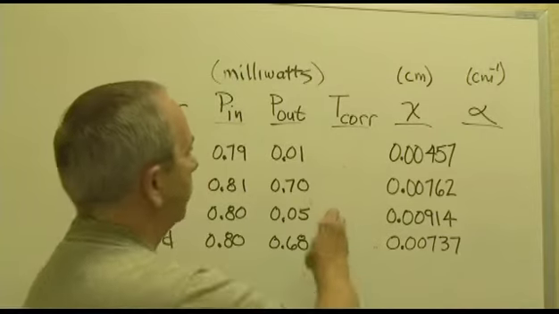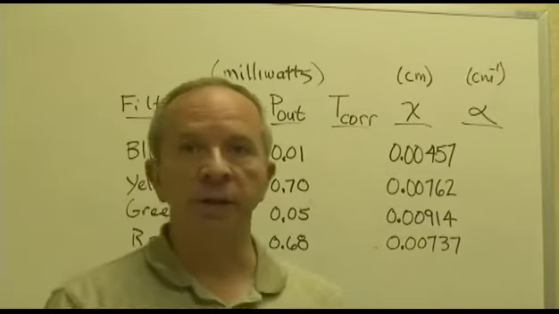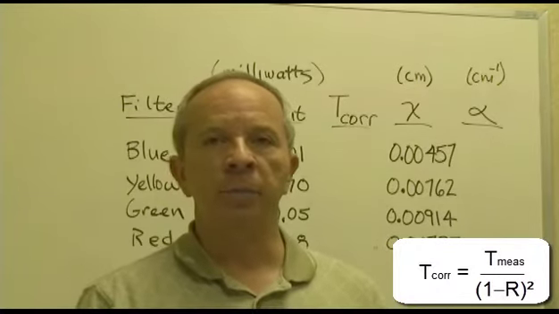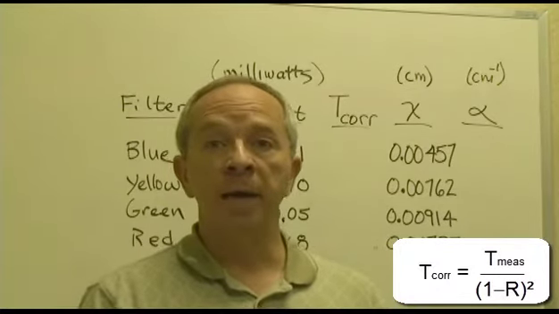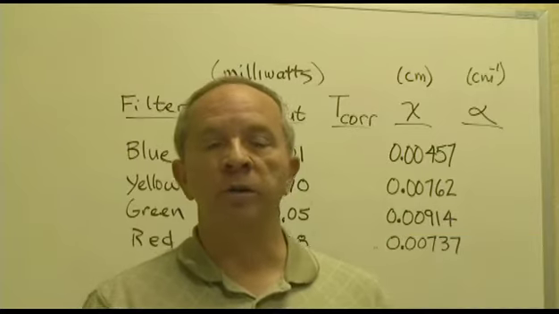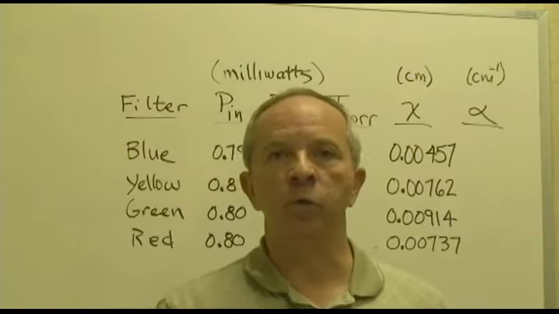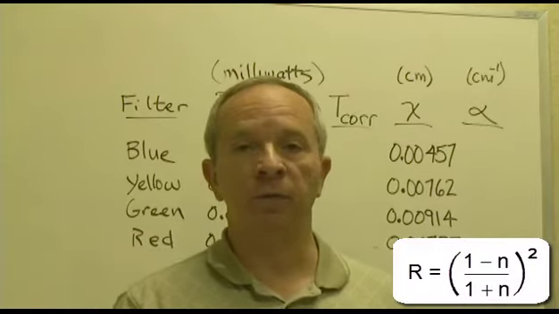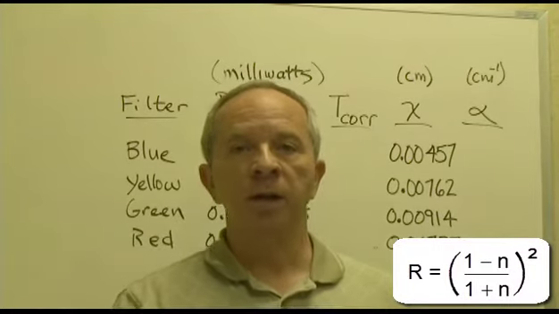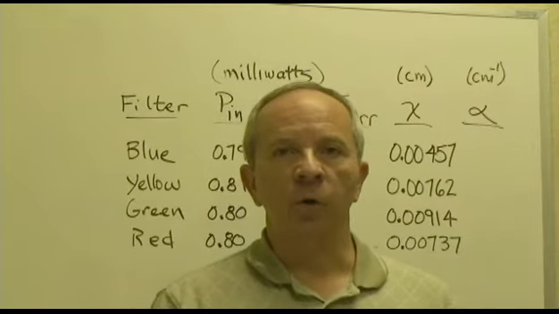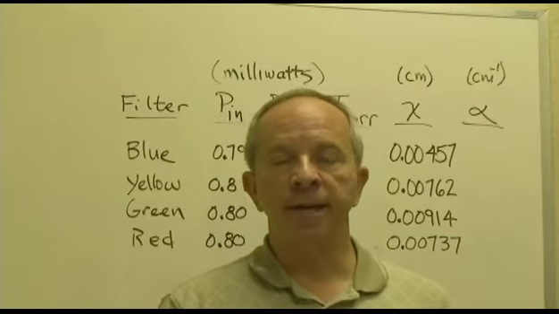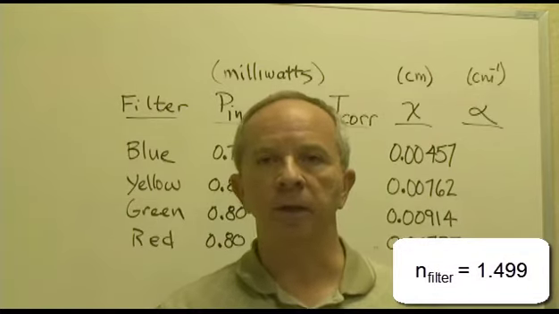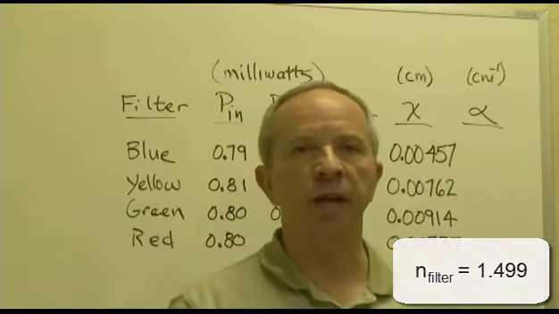If we correct that for the Fresnel reflection, as the text indicates, we need to divide that measured transmittance by the quantity of 1 minus r squared, where r is that reflectance, which is 1 minus the index of refraction divided by 1 plus the index of refraction, all squared. So to do that, we're going to use the 1.499 for the refractive index of our plastic filters, probably an approximation, but it'll be close enough for the exercise here.